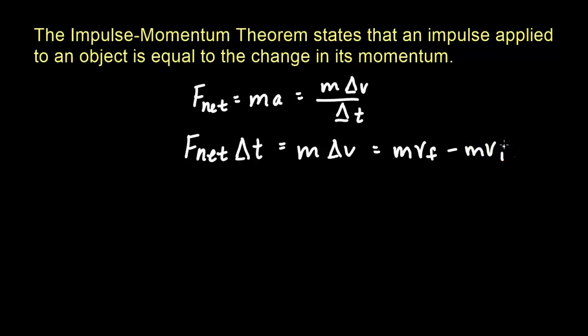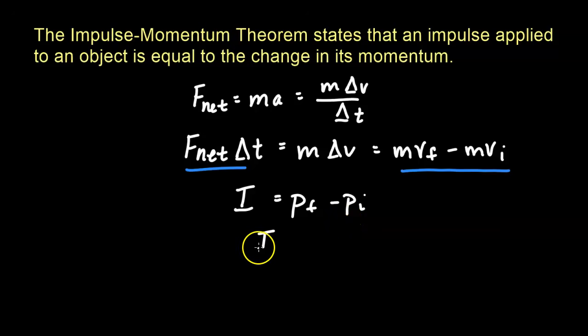So what this is telling us is that the impulse on the left-hand side, the net force times delta t, is equal to the change in momentum, right? Because F net delta t is impulse and mv is momentum. So we can rewrite this as I, or impulse, is equal to final momentum minus initial momentum.